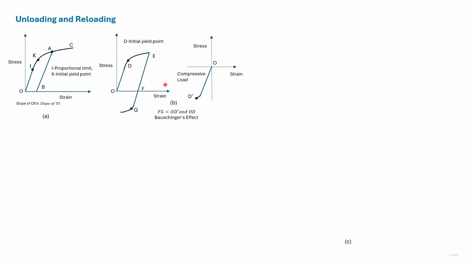Experiments show that FG is smaller than OD dash or OD, which means that a previously loaded component will yield at a lesser stress under compression compared to a component that hasn't been loaded previously. This effect, where FG is less than OD dash and OD, is called Bauschinger's effect.